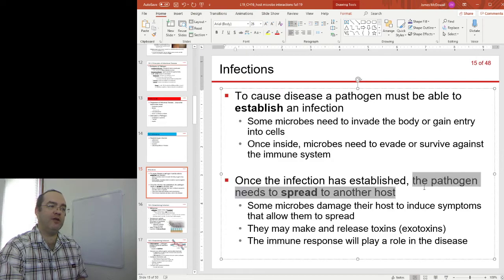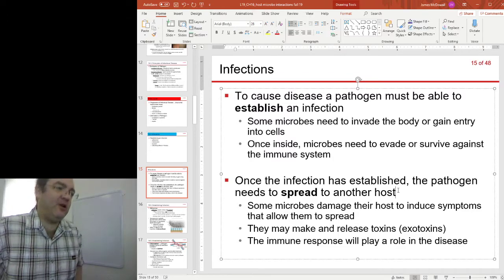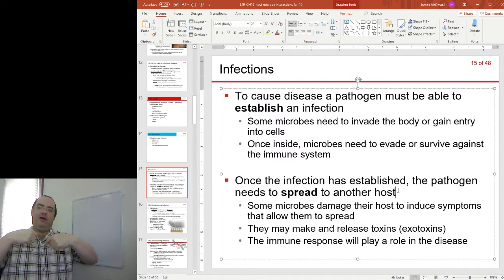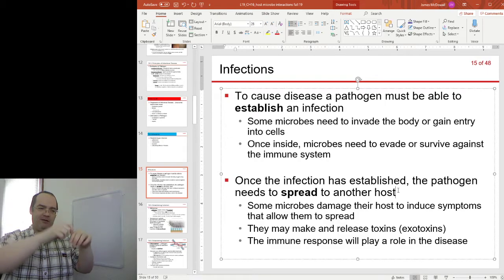Then, once the infection has established, the pathogen wants to get out of one host into another host. So just like viruses, they get into the cell, make more of themselves, get out, infect more cells.